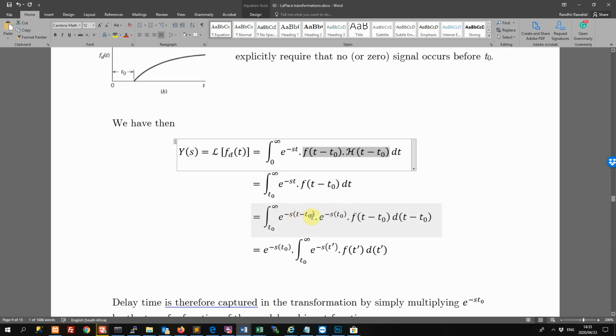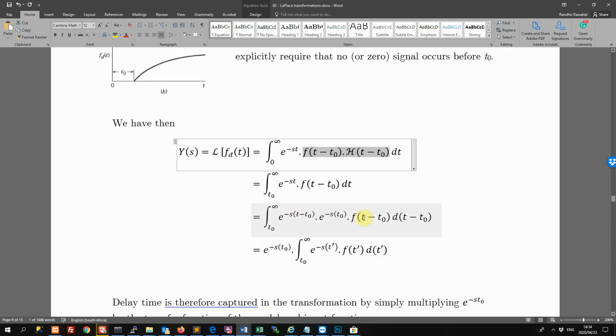And that's what we do here. So we had here e to the minus st. We are now dividing by e to the s t naught, so that when we compile it together with the original e to the minus st, we get simply a shifted time over here. We know these are all constants in time, so we can split that out as a constant of integration, leaving us with e to the minus s t naught times the integral with e to the minus s times t minus t naught.